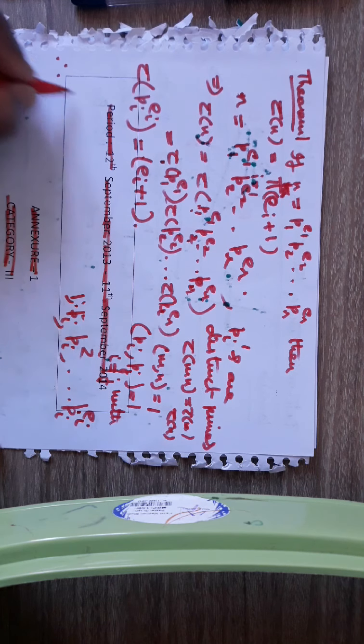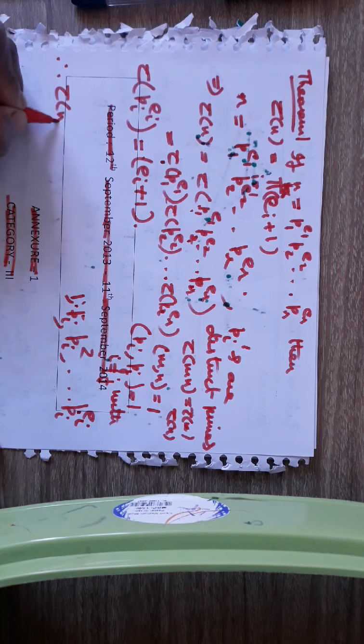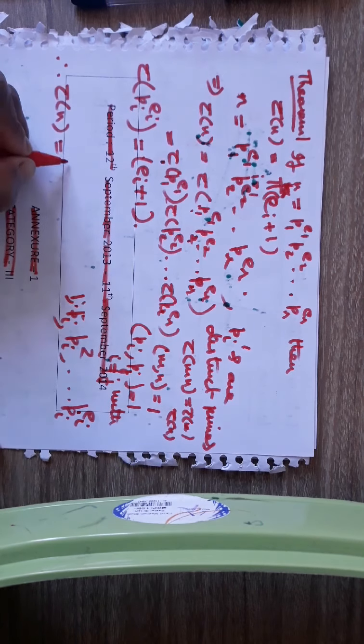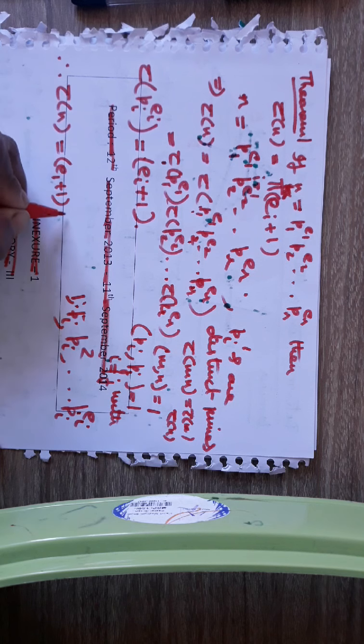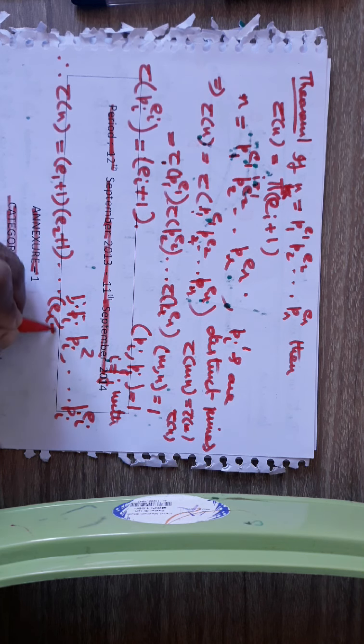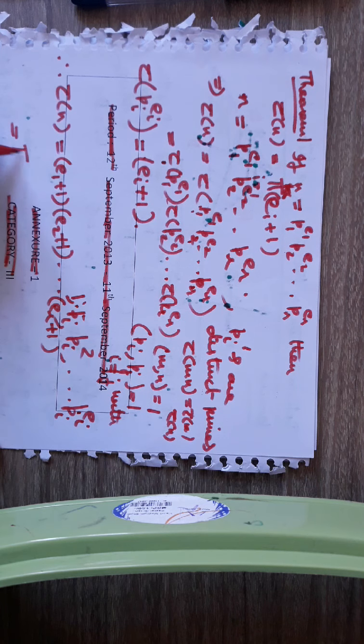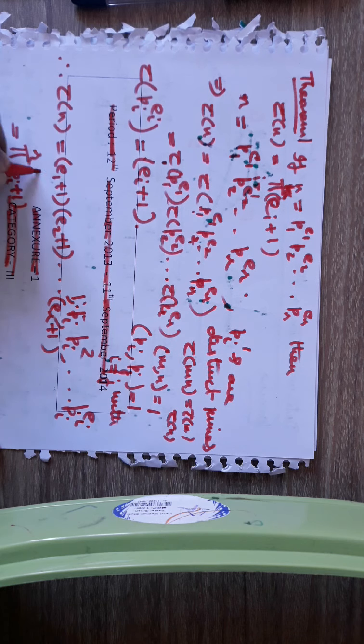Therefore tau of n is equal to e1 plus 1 into e2 plus 1 up to er plus 1, which is nothing but the product of ei plus 1, where i varies from 1 to r. So this completes the proof.